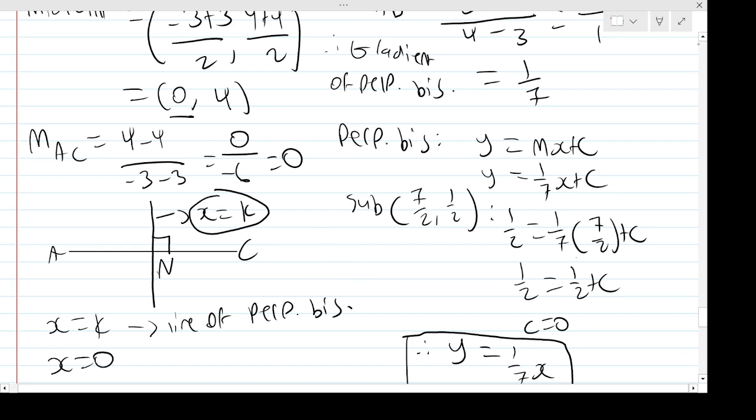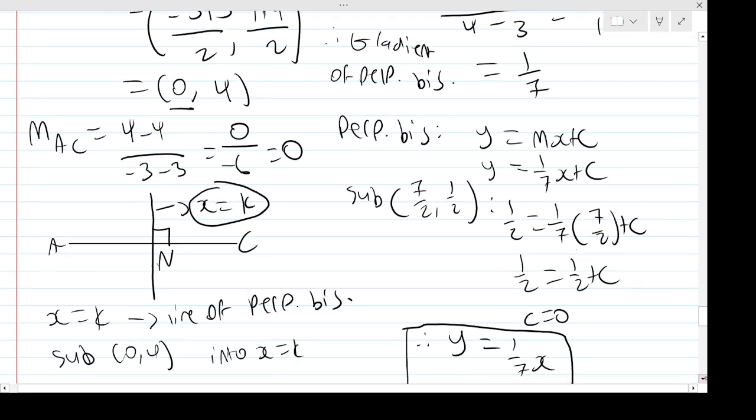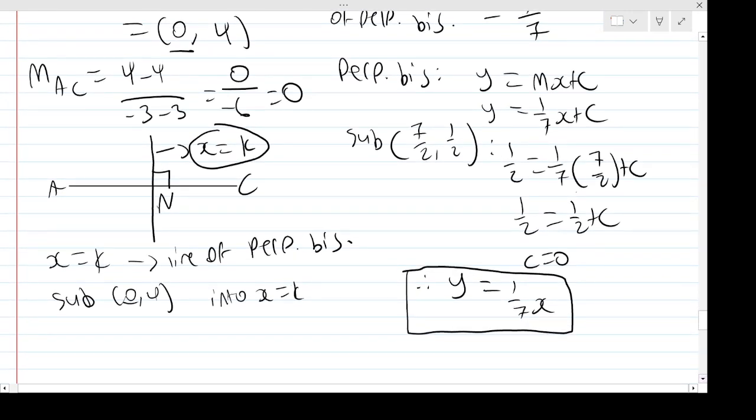And this number x is k. I substituted the point 0, 4, because that's the midpoint, and remember, the bisector still goes through the midpoint. So I substitute into x is k, but then the x coordinate is 0. So x would be 0, and that's my equation of the line of the bisector.